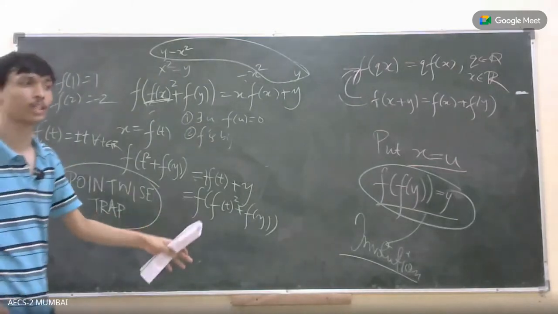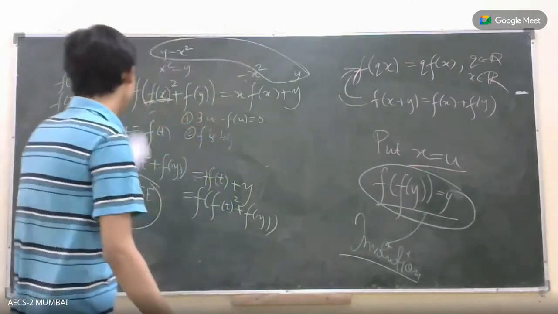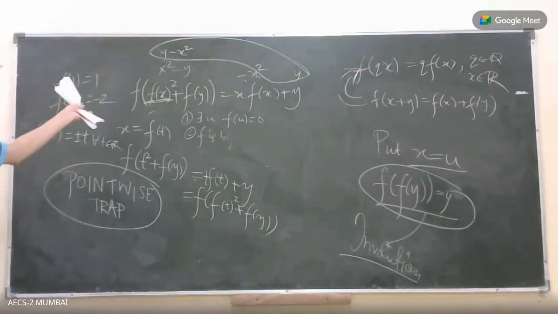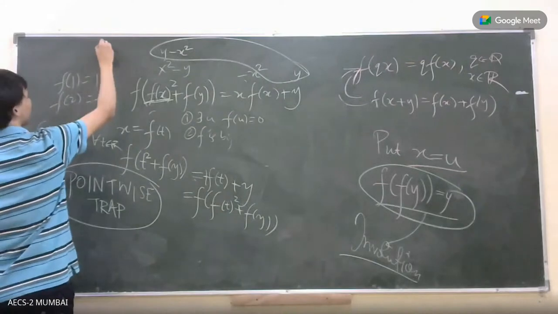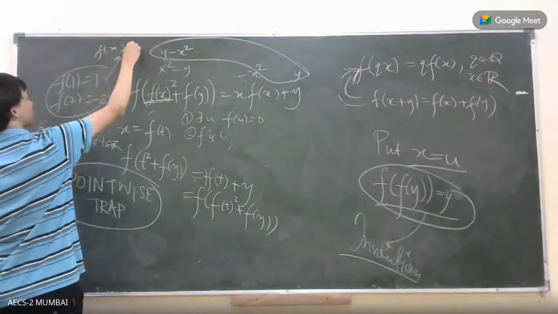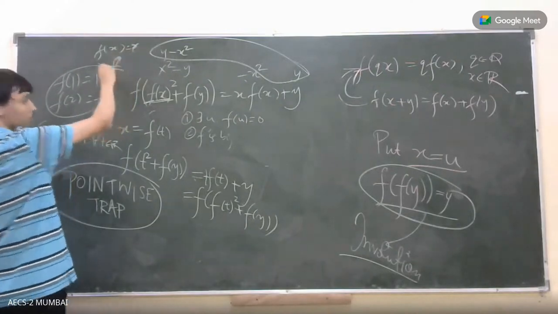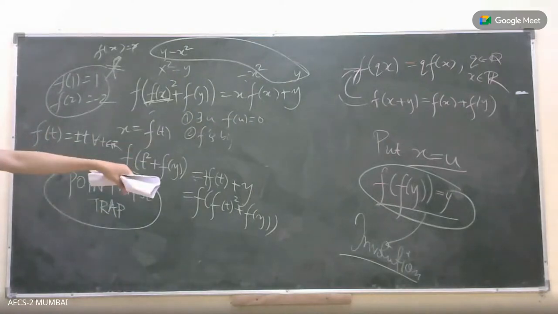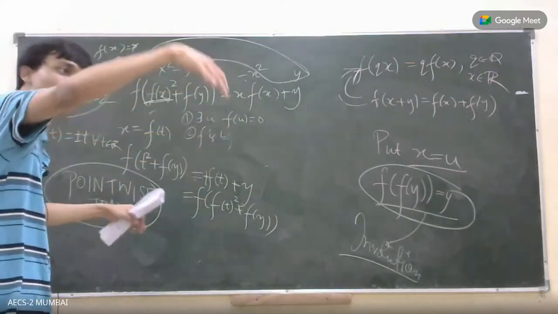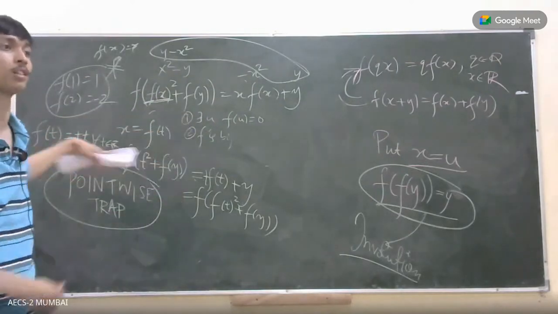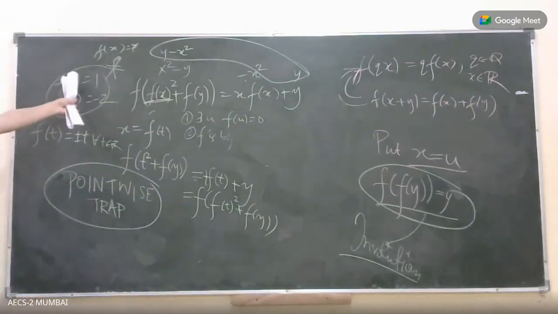From f of t equal to plus minus t for every t in R, for some t's I can put plus, for some t's I can put minus. And you see, this function is not equal to f of x equal to x, because that puts the same sign for all x. Similarly, f of x equal to minus x puts the minus sign for all x. But I can have a function where I put plus for some and minus for others. Who is stopping me from doing this?